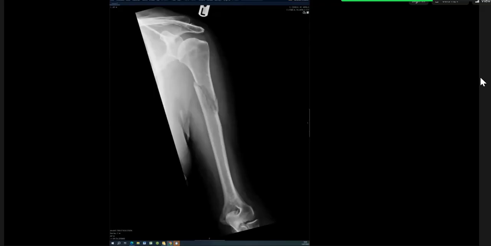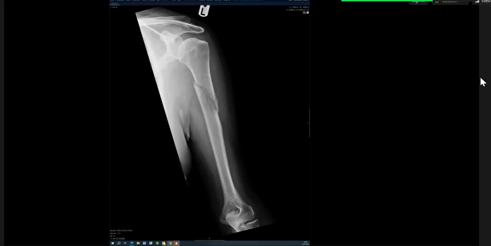In this age group, I would like to know the age of this patient, as my differentials would be dependent on that. 65. Yes. So at the age of 65, I would first consider the possibility of metastasis. A second possibility could be myeloma.